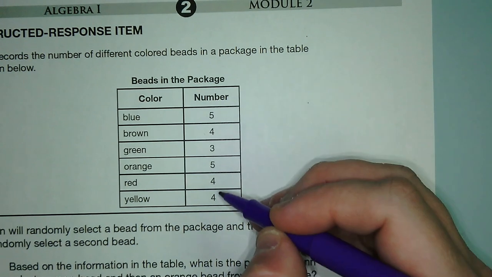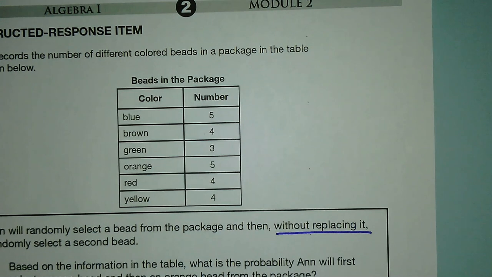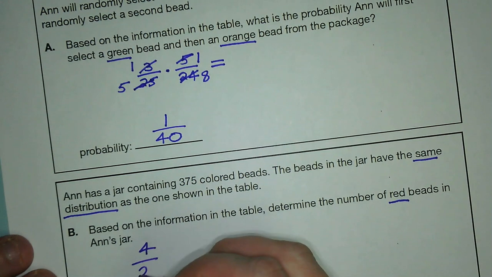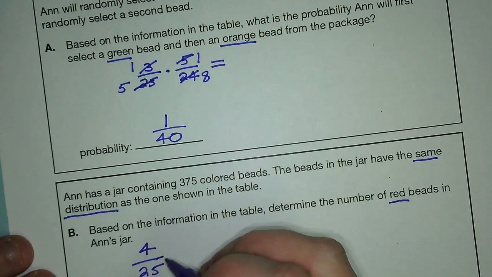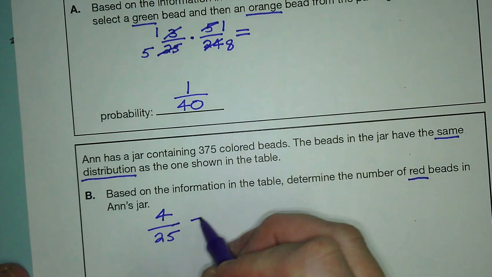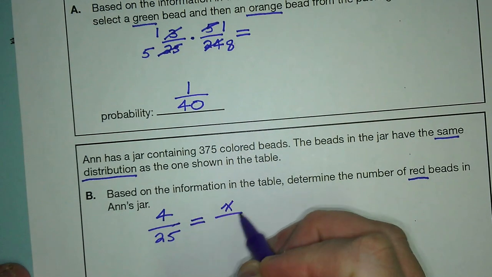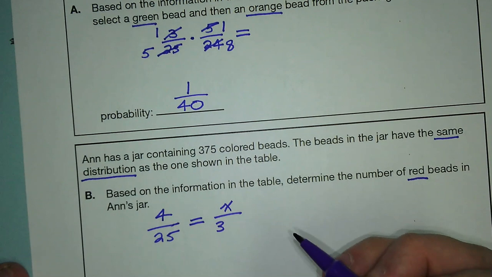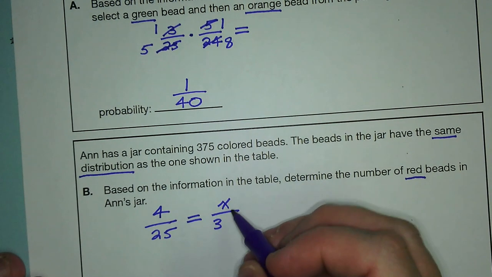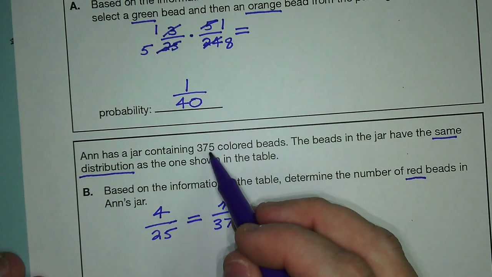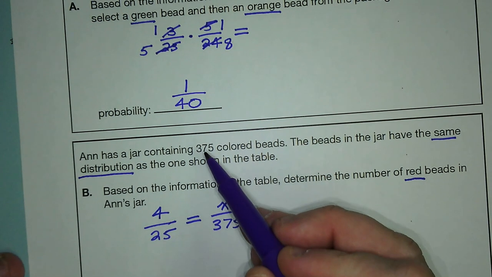Up here, the number of red beads was 4 out of 25, as a percentage or ratio or probability, and that needs to maintain the same ratio in this jar of 375 total.